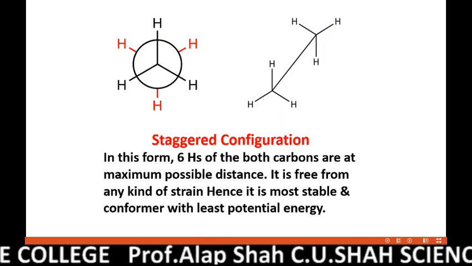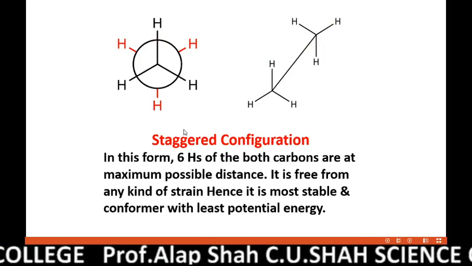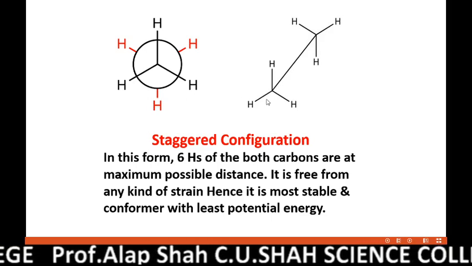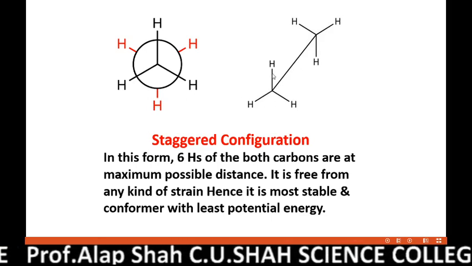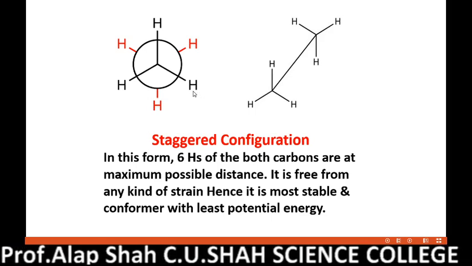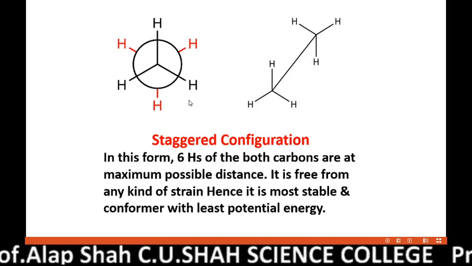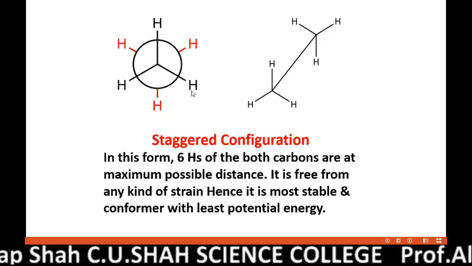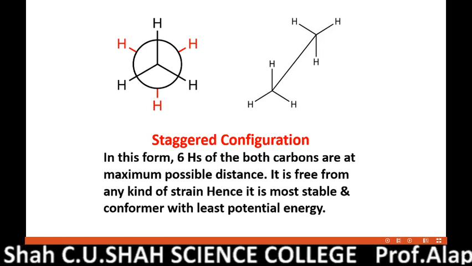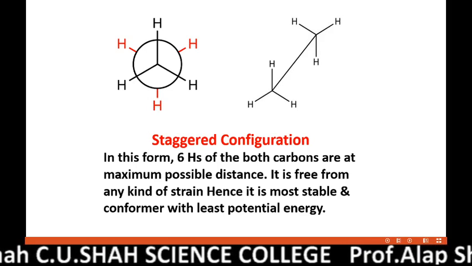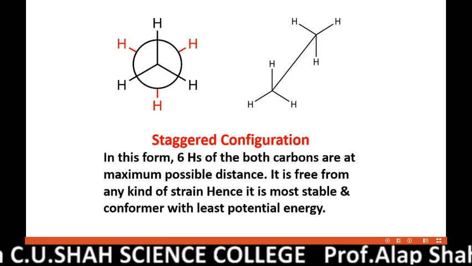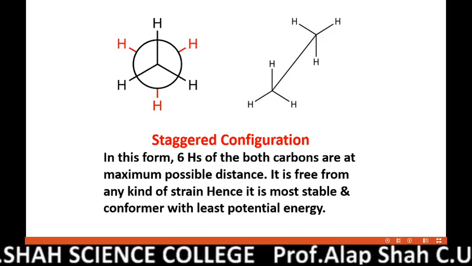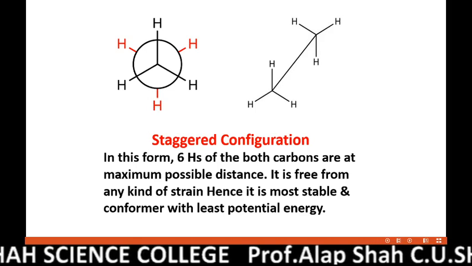This is the staggered conformer of ethane, and this is its Newman projection, and this is its Sawhorse projection. You can see that in the Newman projection, all the 6 carbon-hydrogen bonds of ethane are arranged as far apart as possible, and that's why they are free from any kind of angle strain.